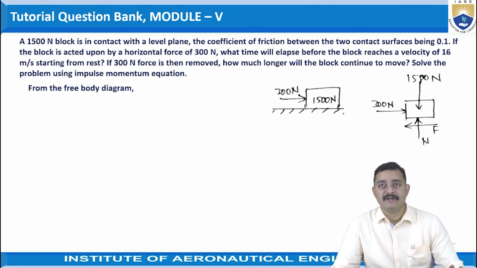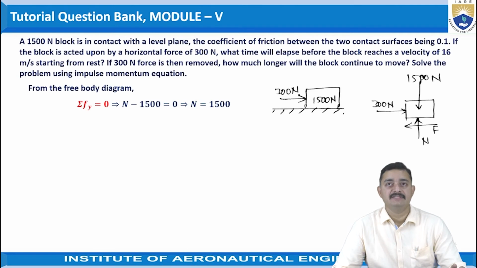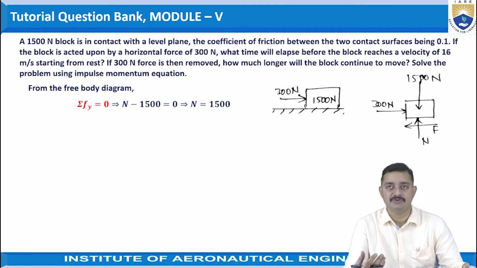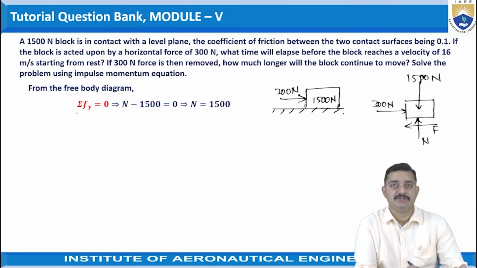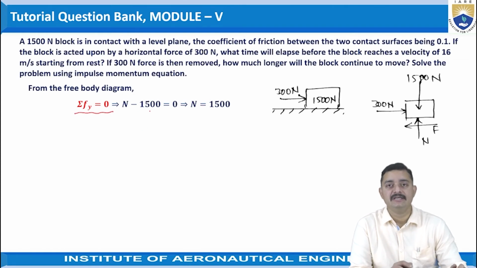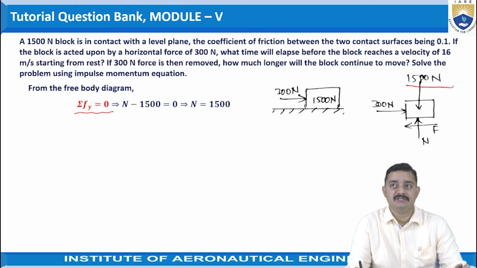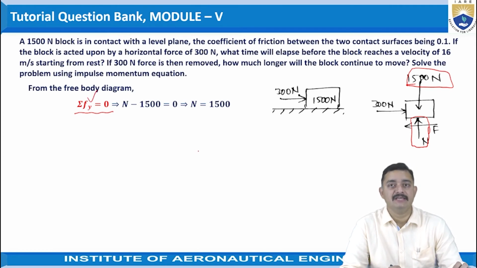Now, from the free body diagram, we can obtain sigma Fy is equal to 0. That is the equilibrium condition wherein the sum of all vertical forces is equal to 0. There are two vertical forces acting in the system: this 1500 newtons vertical force and this normal reaction.